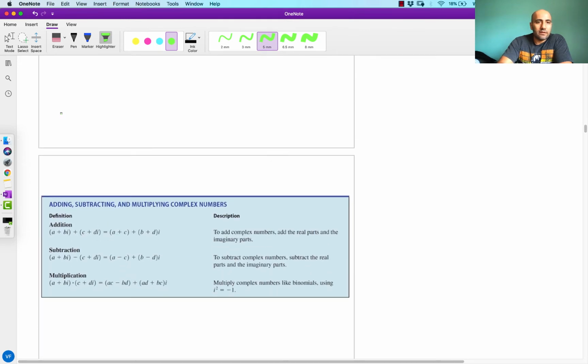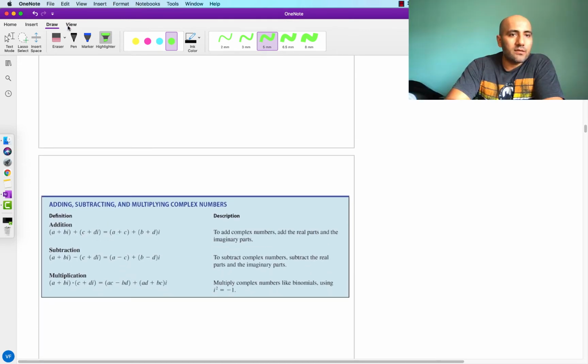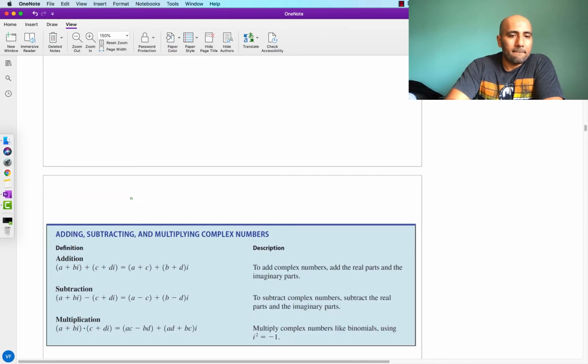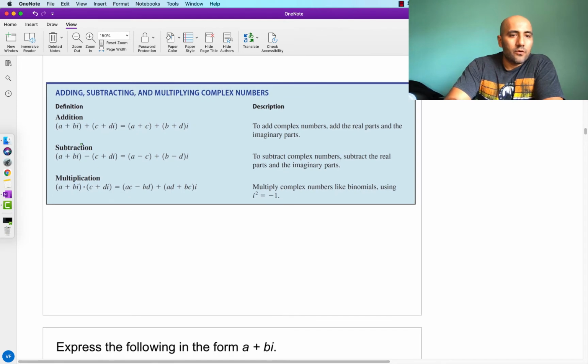Right, and that's captured in this little blue box. Let's zoom in a little more. So if we have one imaginary number plus another imaginary number, this is how we add them. We add the two real parts, combine like terms, and then bring together the two imaginary parts, factor out the i, and we end up with this.